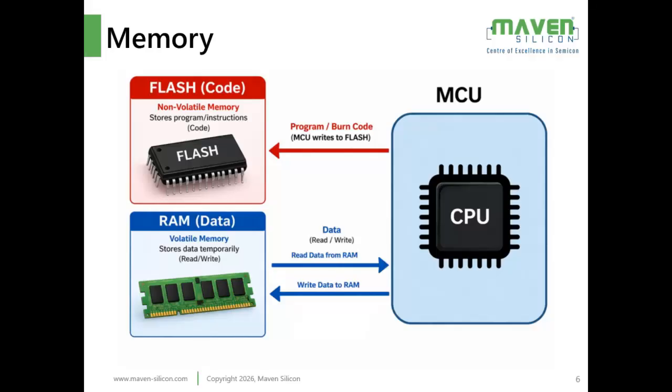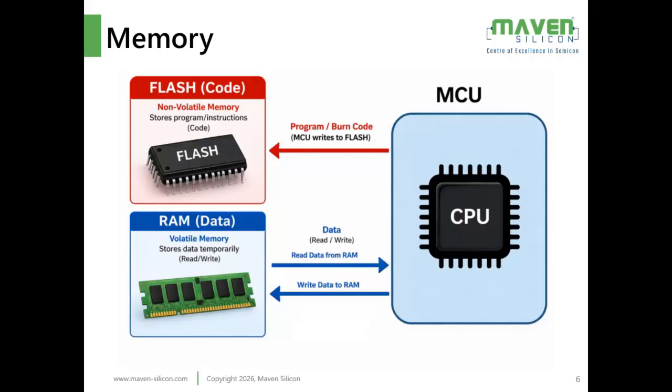Non-volatile means that even after a power on reset, the code is not erased from this kind of memory. Then the second type is the RAM, which is very fast in nature, but stores temporary data because it is volatile. That means whenever there is a power on reset, the data is erased from it.